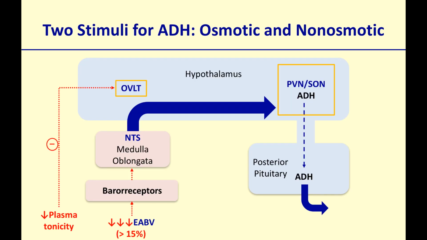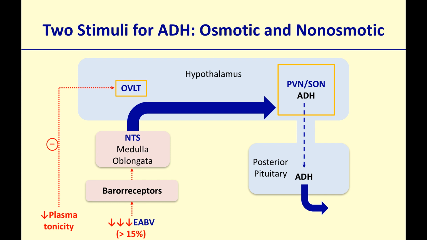But sometimes these stimuli are present at the same time. So for instance, in hypovolemic hyponatremia, you have low plasma tonicity because of the hyponatremia, and you have hypovolemia causing low effective blood volume. So which stimuli is the one that wins? Because low plasma tonicity will cause low ADH, and low volume will cause high ADH.